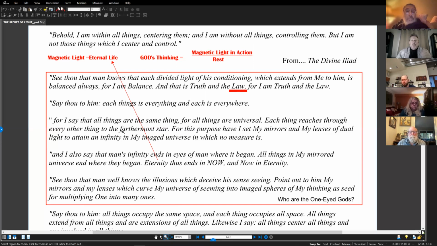That's what we covered a little bit last week. And so God's thinking equals magnetic light in action, which is the wave, divided by rest, which is at the points that we talked about, the circles where the waves had their inflection point.